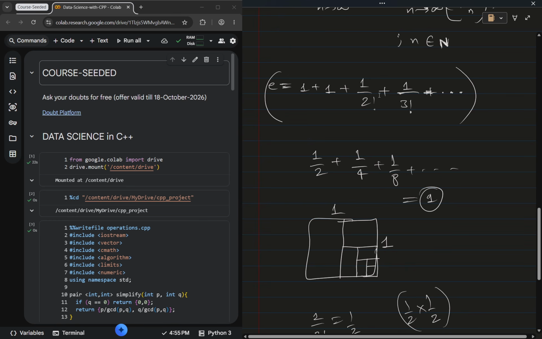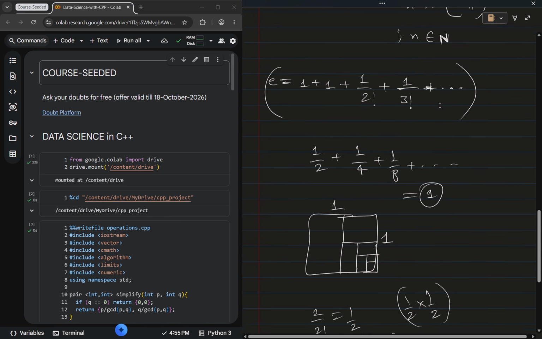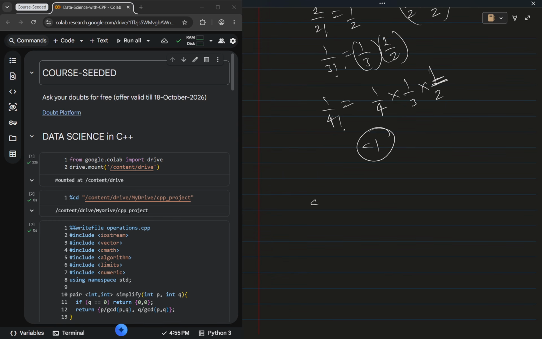So 1 plus this number is less than 3. So you can just remember that E is less than 3, or by calculation you can find that E equals 2 point something something. So let's say 7, 8 or whatever you want. So that's what we do.